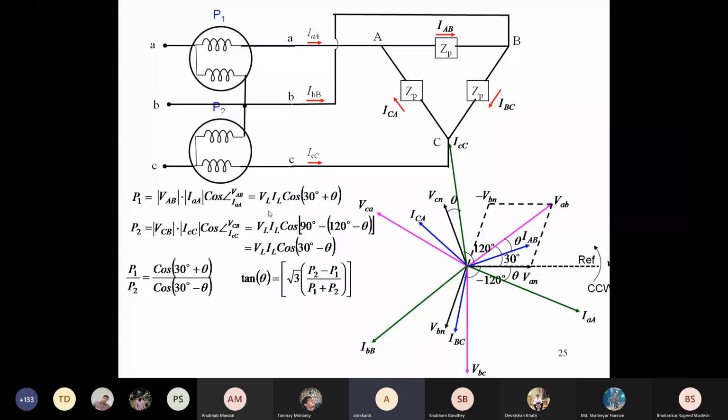The theta occurs in the circuit because of ZP only. The impedance causes the theta. In an AC circuit, the reactance is what causes the theta.